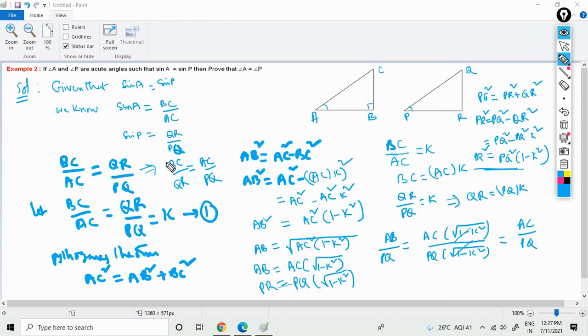So now I know AC by PQ, see here, AC by PQ value is equal to AB by PQ. So can I write like this now? Based upon these equations, BC by QR is equal to AC by PQ is equal to AB by PQ.